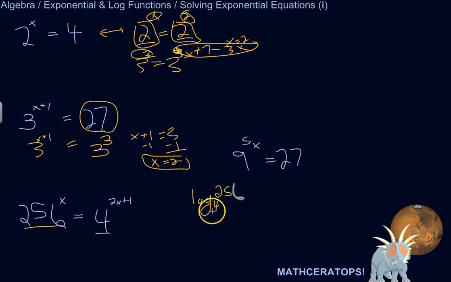In other words, to what power do I need to raise the number 4 to turn it into 256? Now on your calculator you don't have a button that says log base 4, but you can use the change of base property to say log base 4 of 256 is equivalent to log base 10 of 256 over log base 10 of 4. Get out the calculator.